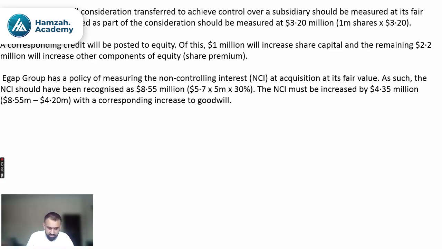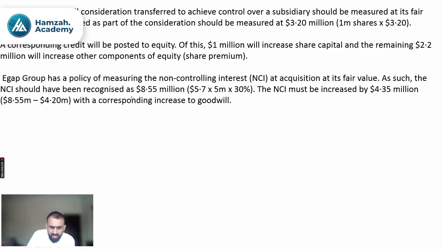And then the second mistake they have made, they measured the NCI at proportionate value rather than at fair value. At the proportionate value they calculated 30% of 14 million, and they recorded that as the value of the NCI. But it should be recorded at fair value. The subsidiary company has 5 million shares, the market value per share is 5.7, and 30% is the NCI share.